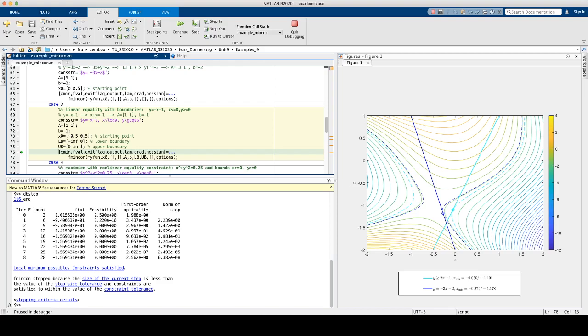So let's look in line 74: the lower boundary in x is minus infinity and the upper boundary is 0. In line 75 we have the upper boundaries, which are 0 for x and infinity for y.